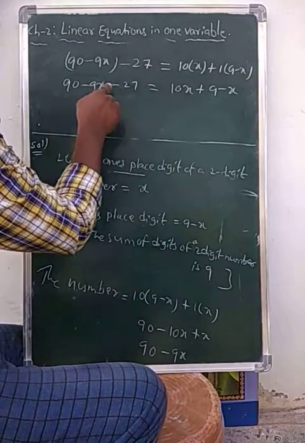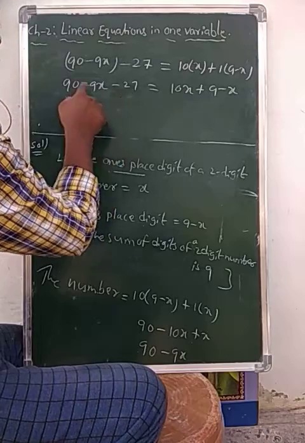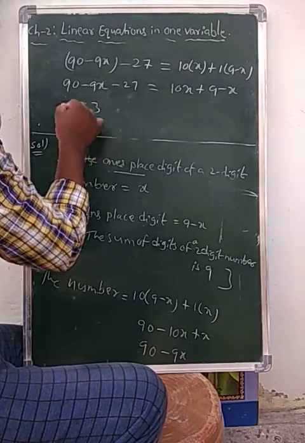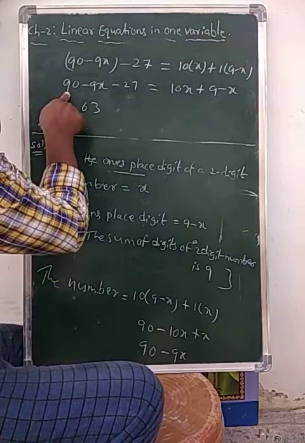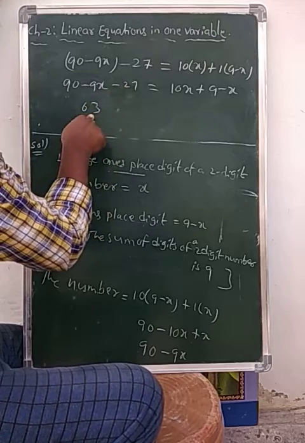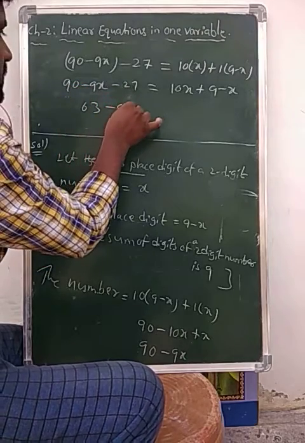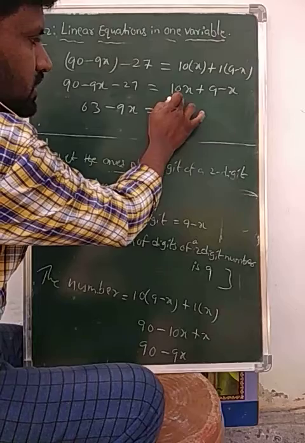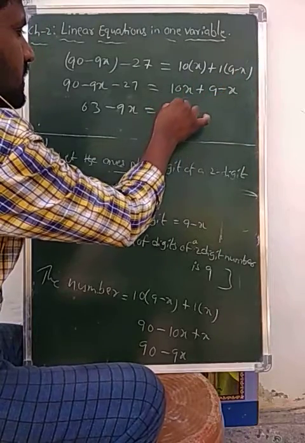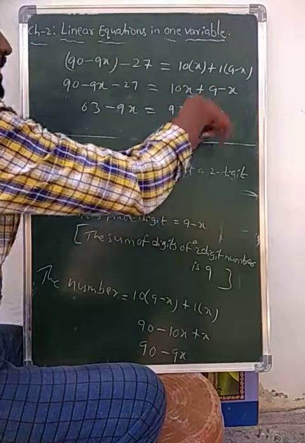Now 90 minus 27 means that is 63. Here minus 9x is equal to here plus 10x minus 1x, that is 9x plus 9.